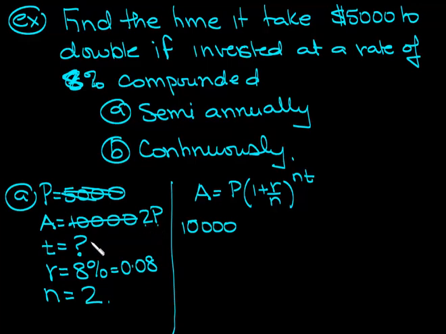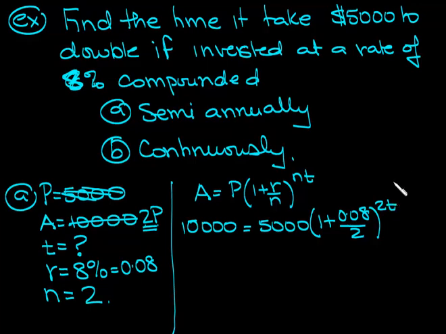Had they said that you start with $5,000 and you want to end up with 8,000, then we would need to know what A is. Just keep that in mind. We could have easily replaced this with 2P. So we have 5,000 times (1 plus 0.08 over 2) raised to 2t.